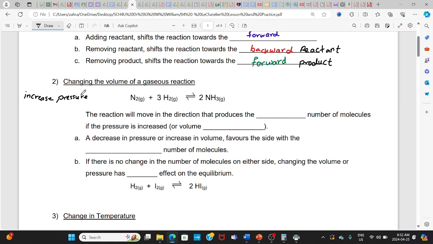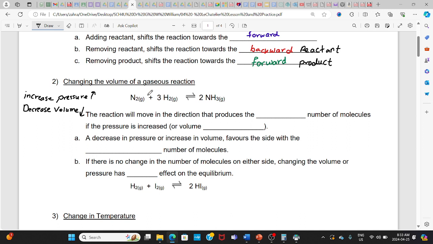Do you increase or decrease it? You decrease it. You put pressure, everything gets very tight together, right? So increasing pressure means you decrease the volume.